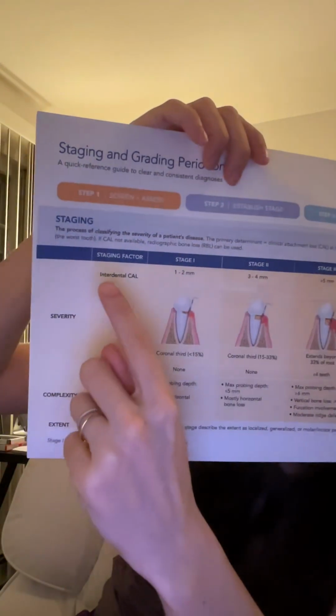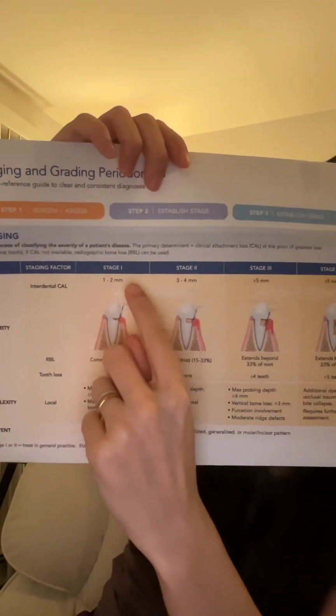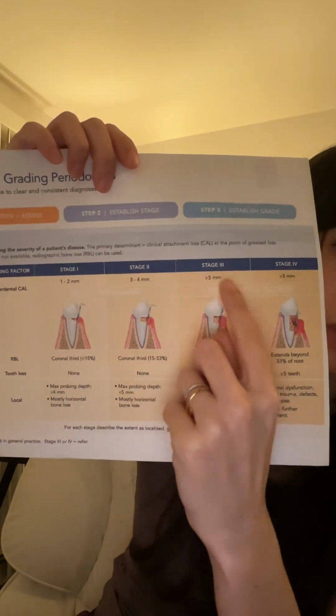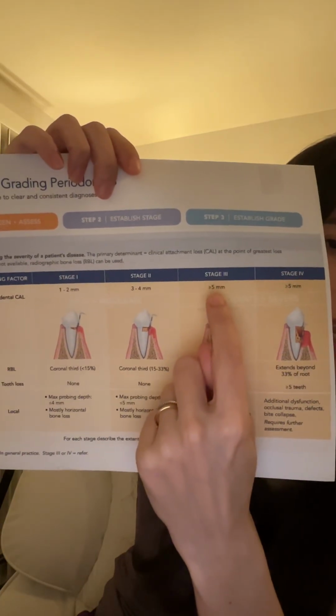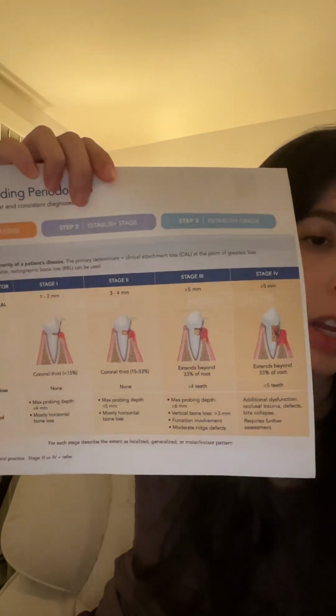And because we always take the highest number and put that as our definitive marker, we're going to take our clinical attachment loss number and we're going to follow where that number is going to lead us. So we said 6 millimeters, so that's going to either put you at a stage 3 or 4.